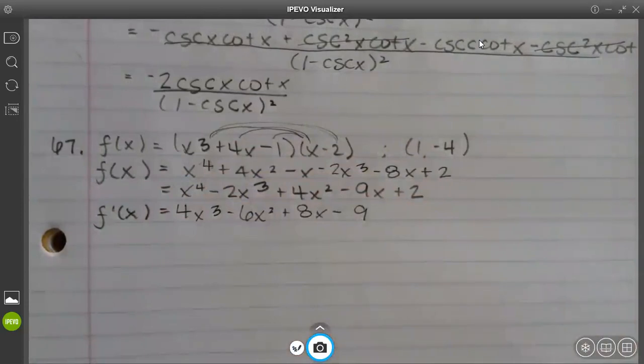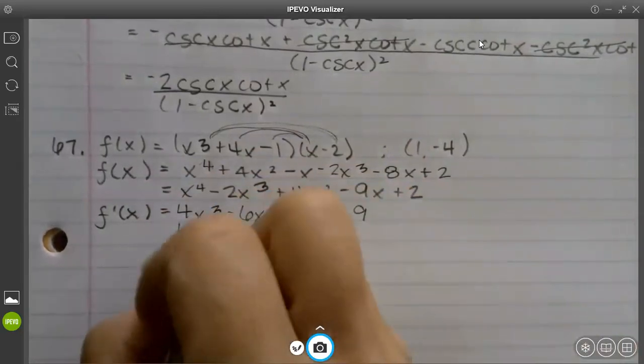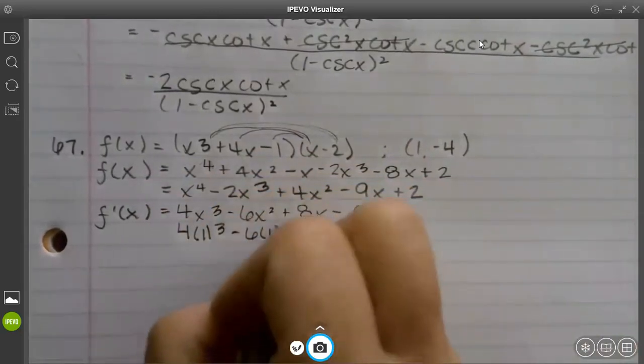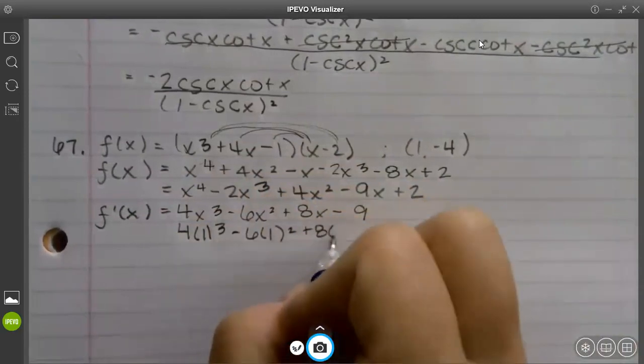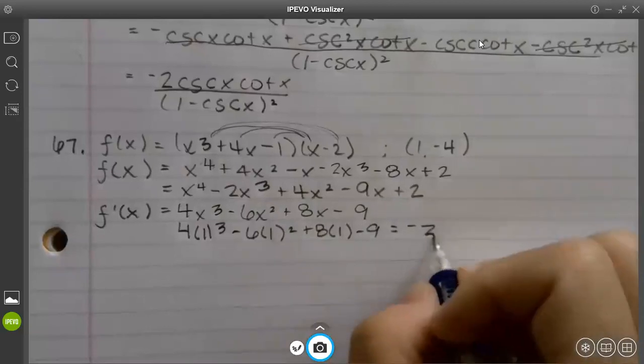Very good. What do we do to find our slope? So our x was 1, which gave us -3.